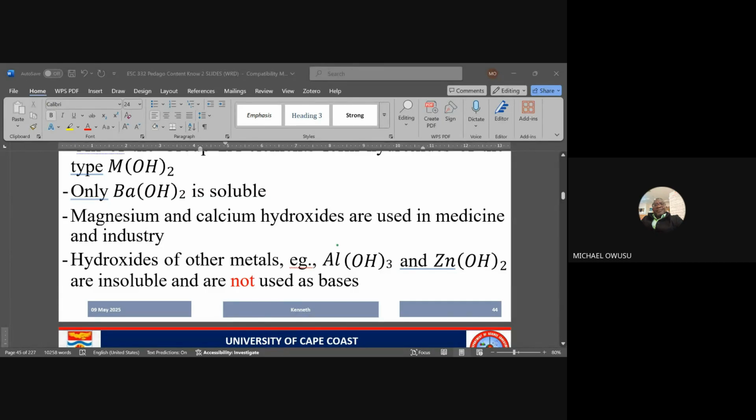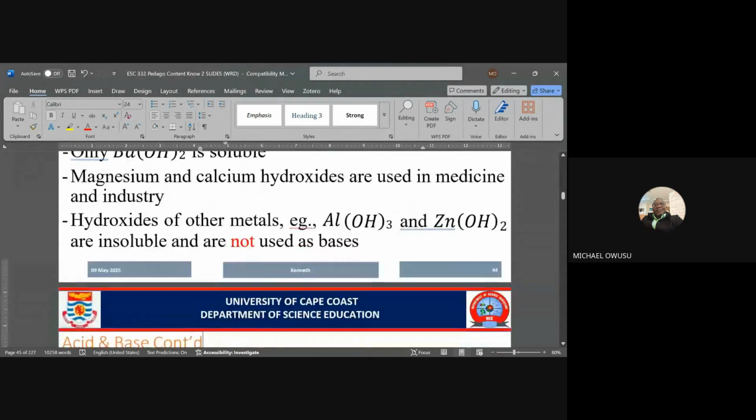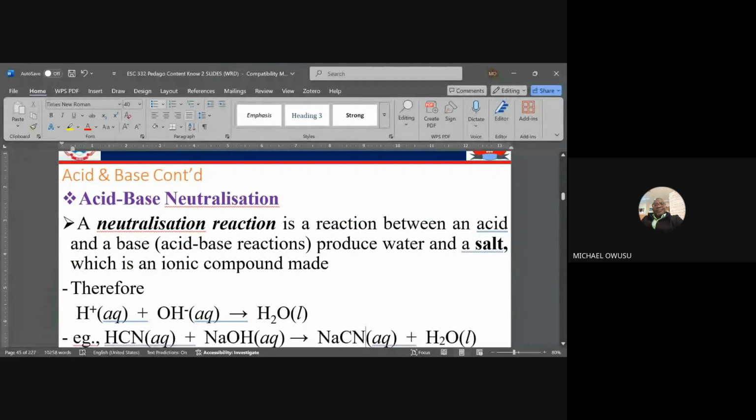To form salt and water only. That's exactly the case. So neutralization reaction is a reaction between an acid and a base. That's acid-base reaction to produce salt and water only.